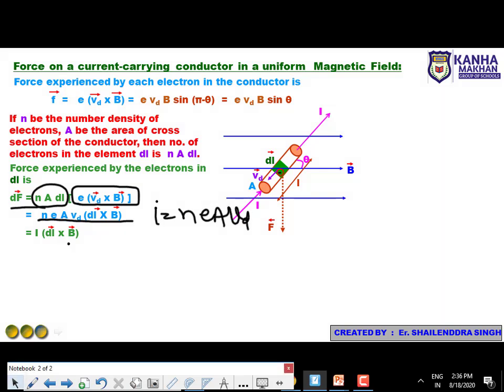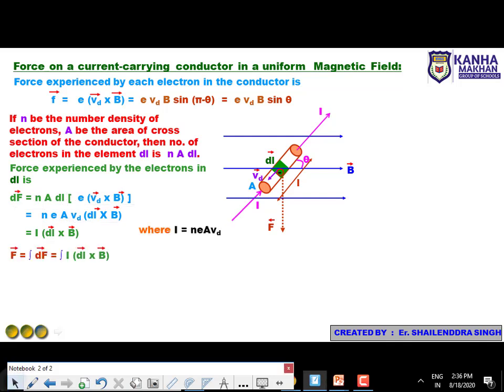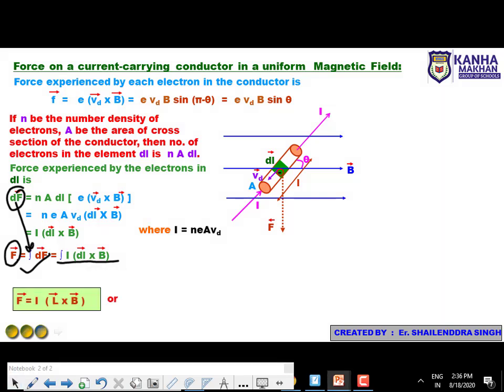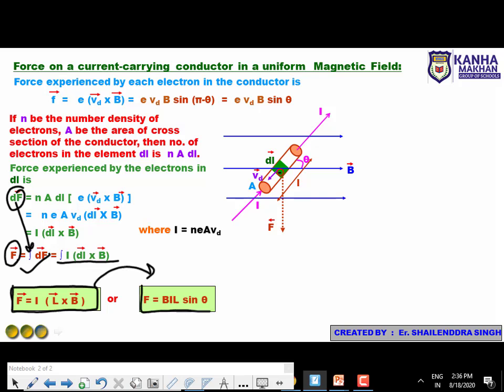So finally, you will get the net force, which can be calculated with the help of integration. Integration of dF will provide the result. That force is given here as F vector equals I L cross B, and converting it to magnitude form, it is B I L sin theta.